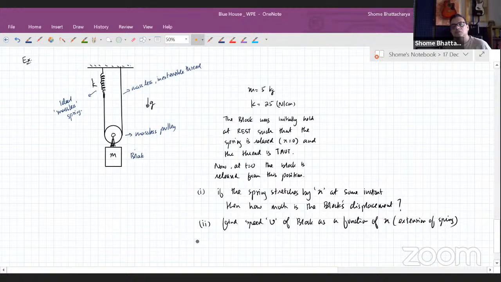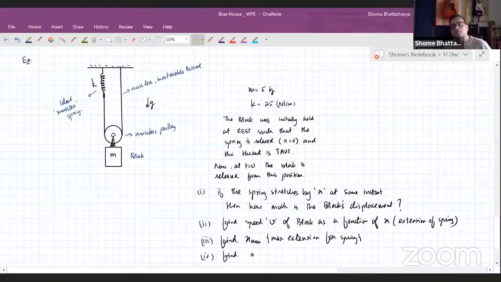And from that, find the maximum extension for the spring, and find the maximum speed of the block.